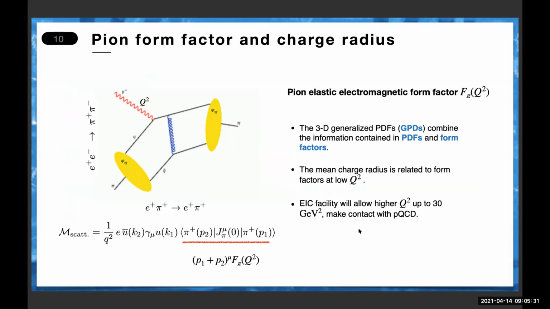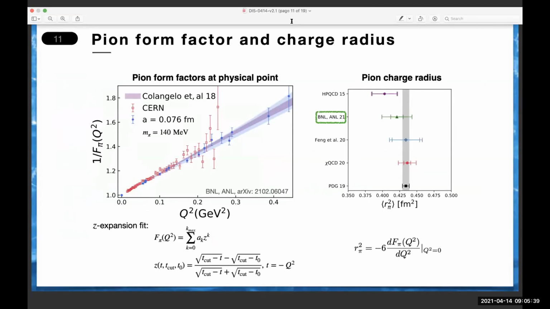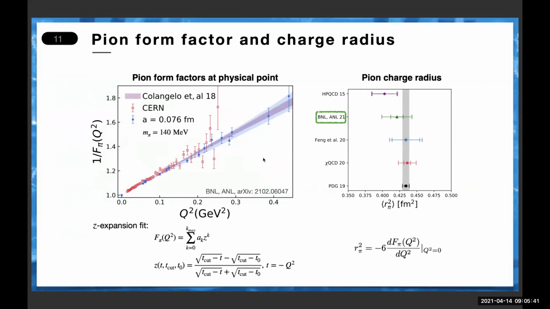Then this is the beginning of the calculation with Q square, which will meet the EIC measurement in the future. So here we directly show our result, using a Pion mass at physical point and a single but fine lattice spacing. Our result is showing at the blue point on the left figure.